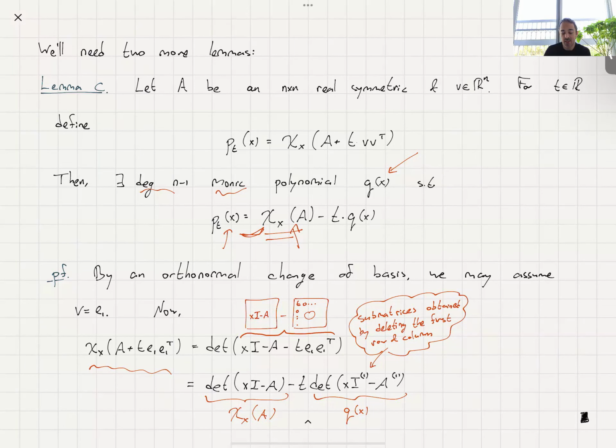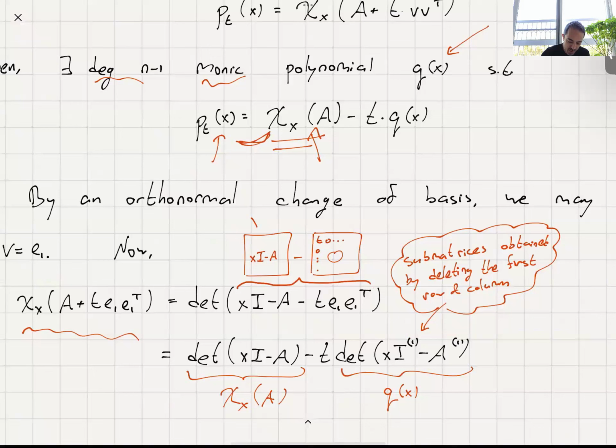It's the determinant of xI minus A minus t e1 e1 transpose. And xI minus A is this matrix. And t e1 e1 transpose is a very simple matrix. That's why we change bases, because we like to work in this basis when we work with matrices. So it has t at the top left corner and 0 otherwise.